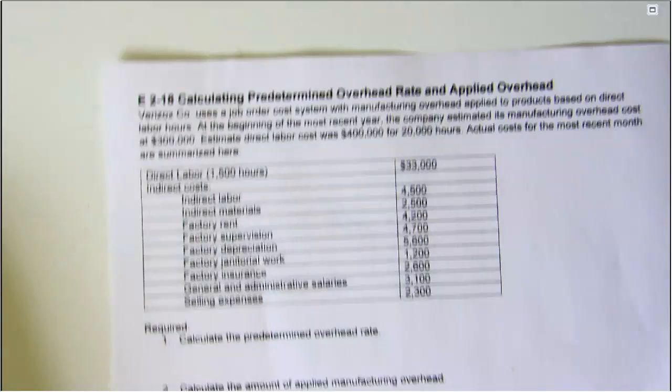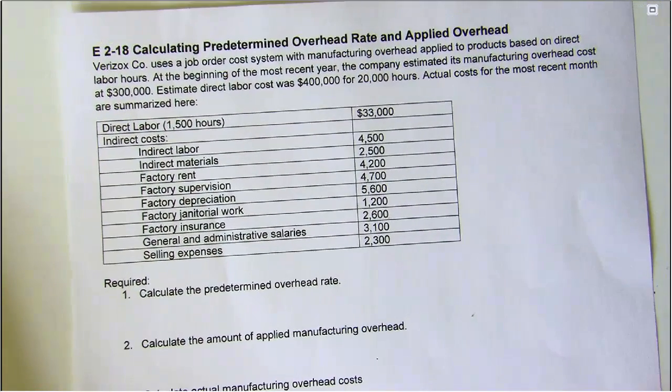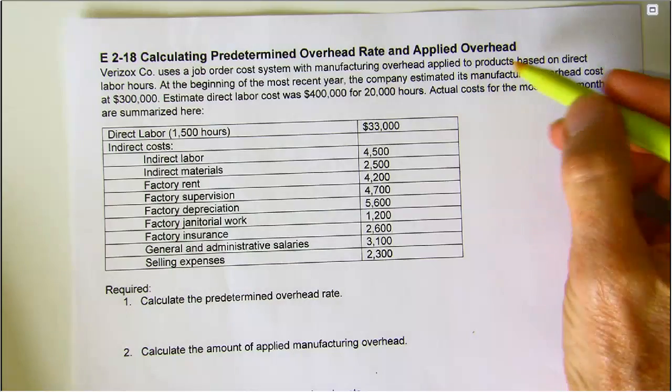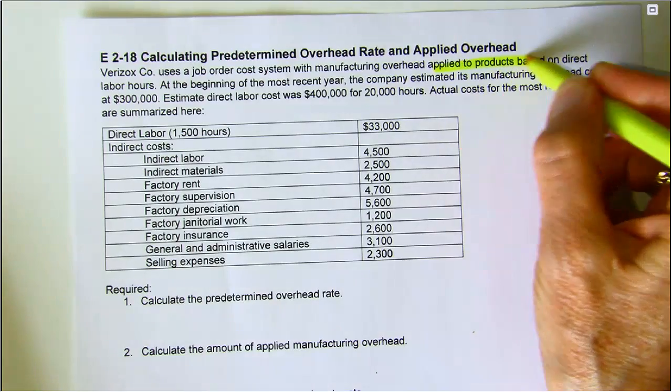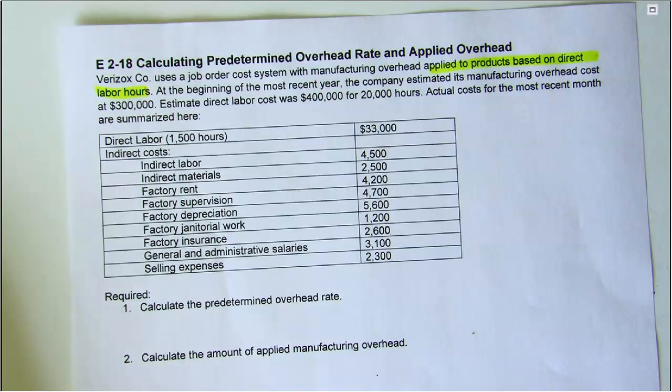Get out your worksheets, and we are going to do exercise 2-18. It says Verizox Corporation uses a job order cost system with manufacturing overhead applied to products based on direct labor hours. This is really important because it tells us what the allocation base or cost driver is.